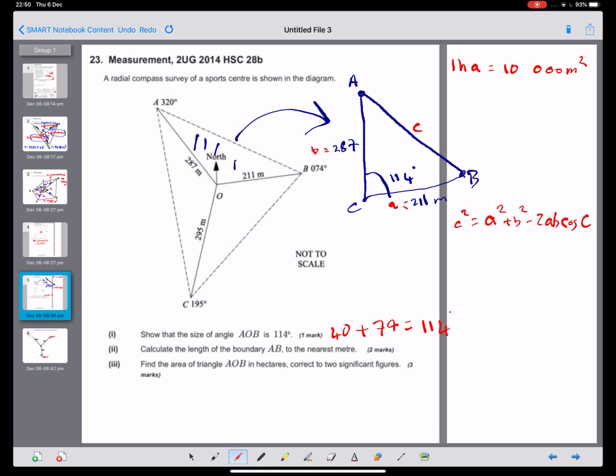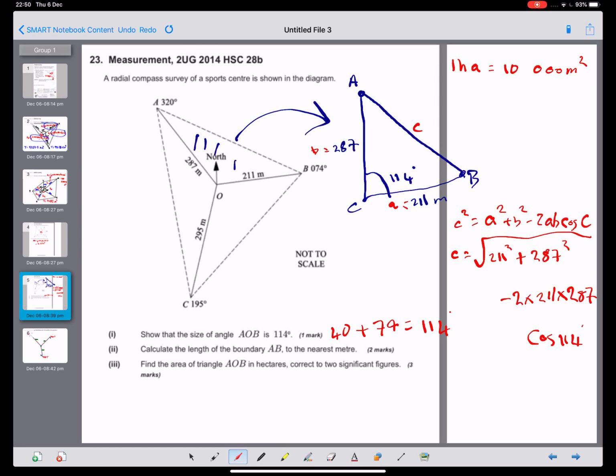Okay, so on your calculators, square root, so 211 squared plus 287 squared, and subtract 2 times 211 times 287 cos of 114.